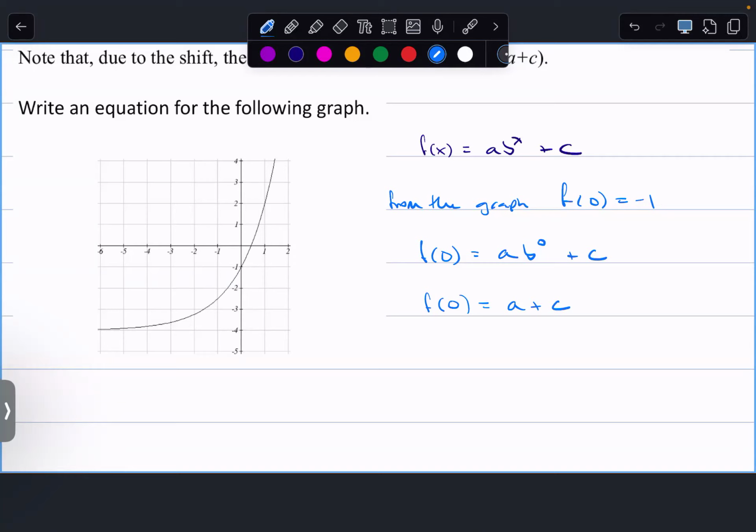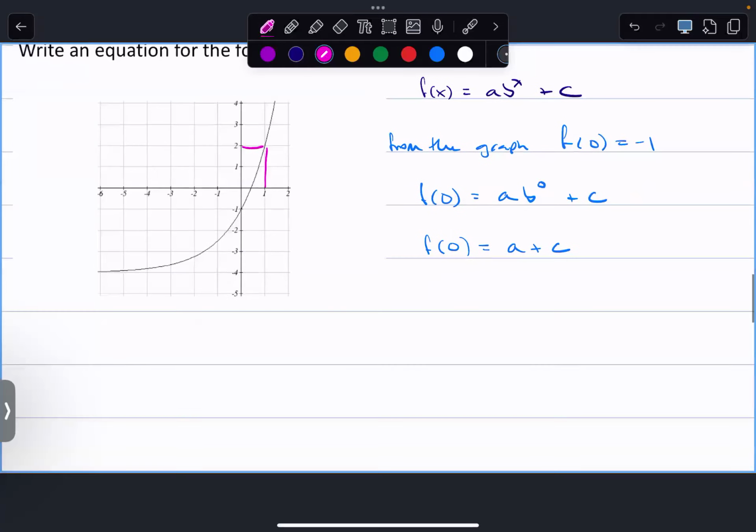What about when x is 1? That's another one that we know, all right? And so x is 1. I'm going to say f of x is 2. f of 1 is a times b to the power of 1 plus c, which is 2.